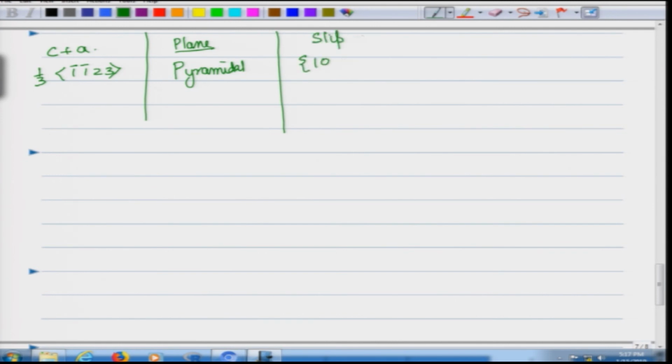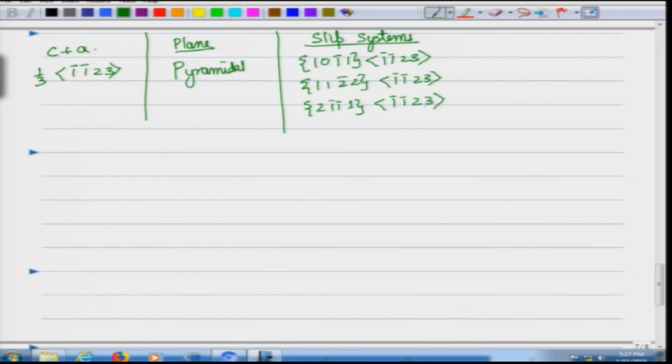So, the slip systems. So, bar 1 2 3 is the C plus A type of slip system, and as we will see, where is this C plus A?